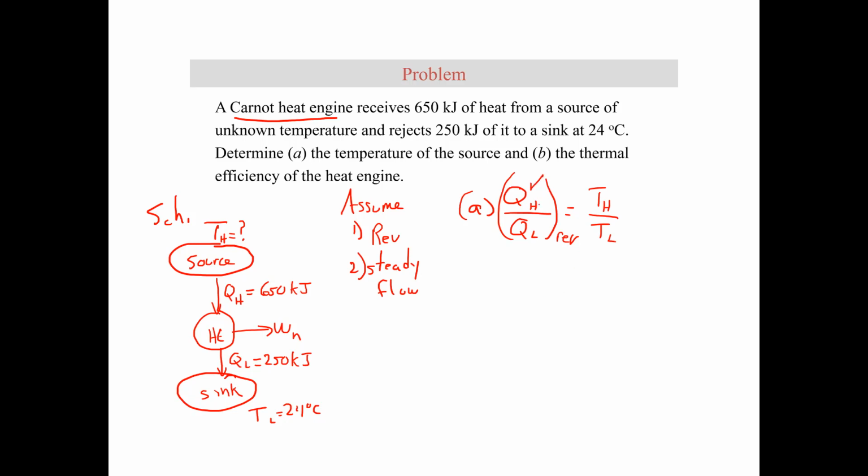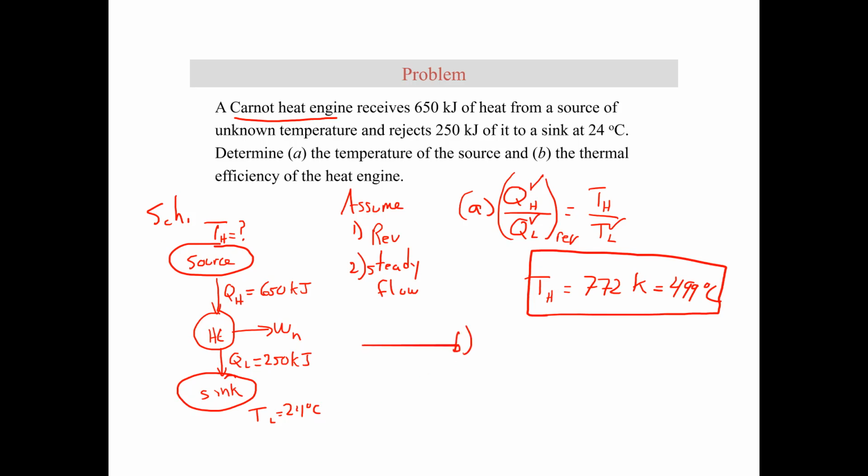I have QH, it's given. I have QL, it's given. I have TL, it's given. I can compute TH to be 772 Kelvin, which is 499 degrees Celsius.